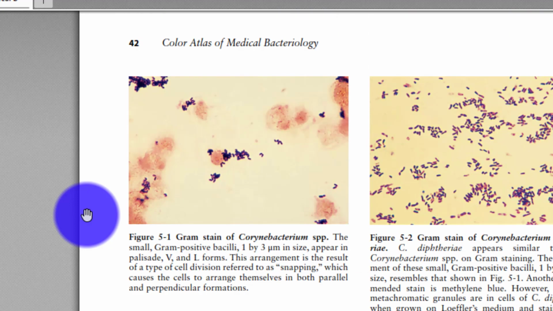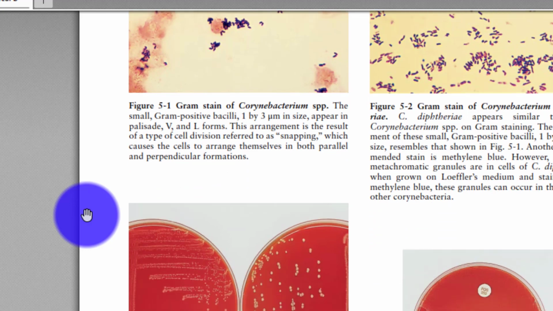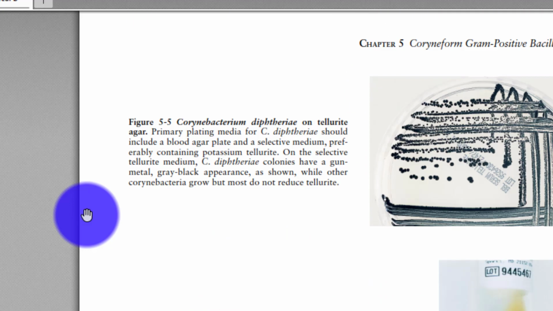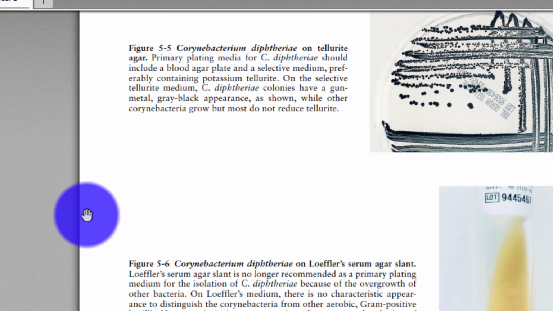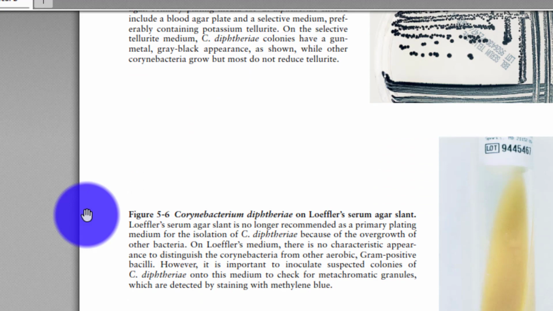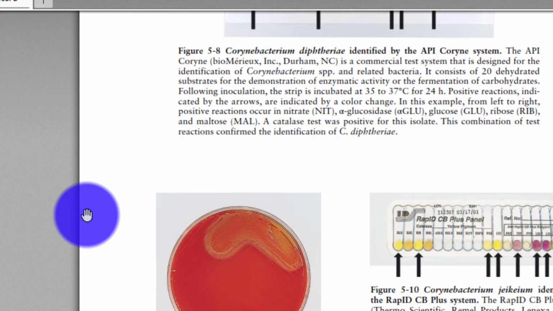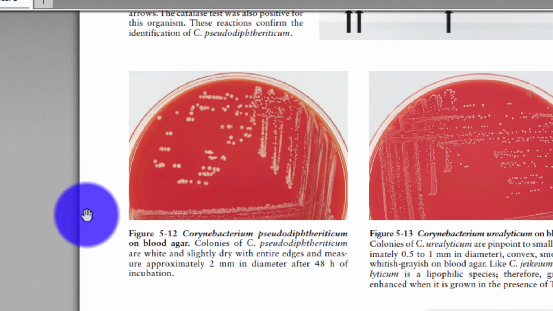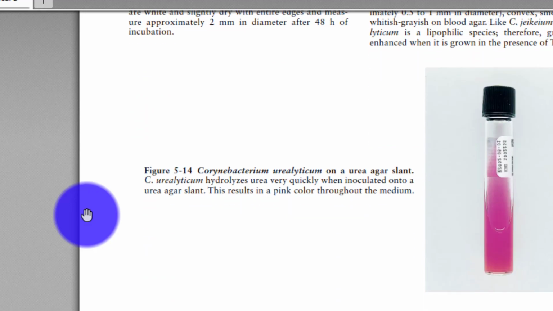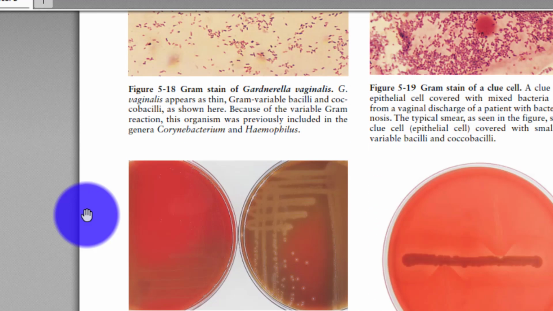Here gram stain of Corynebacterium diphtheriae, biochemical test, blood agar, gram stain.